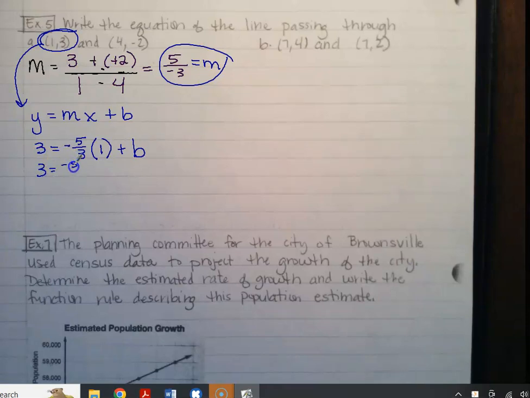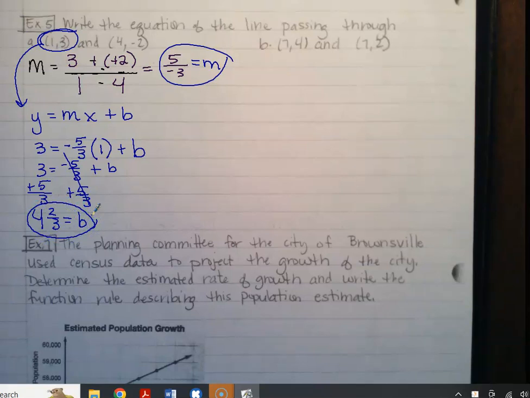It's still just the -5/3. Good. And then you're going to subtract. No, you're going to add 5/3 to the 3. We're going to add 5/3 to both sides because -5/3 plus 5/3 is just 0. Okay. 3 plus 5/3. 4 and 2/3. I'll take it. So 4 and 2/3 equals b.